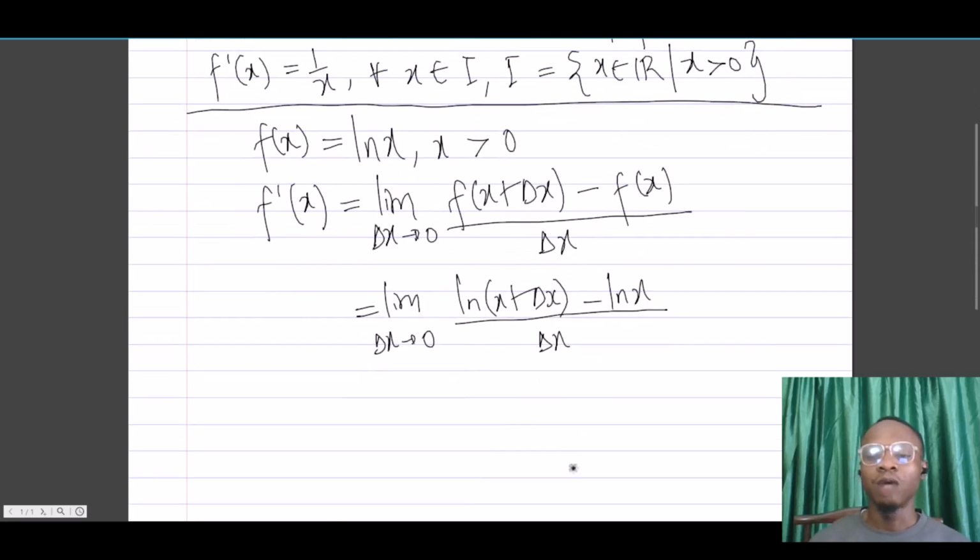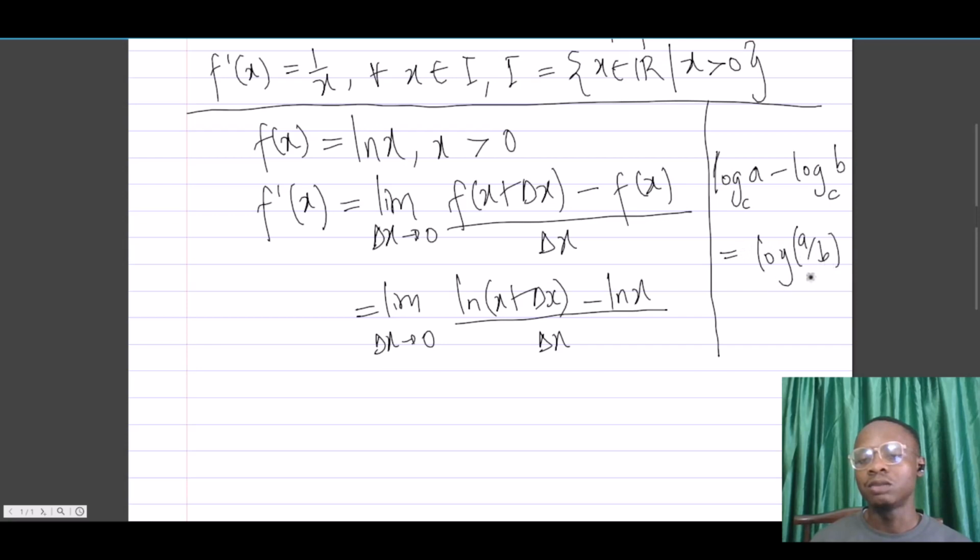We know that ln is a logarithm, and we know that log a minus log b, provided that they have the same base, say c, is equal to log a over b to base c.